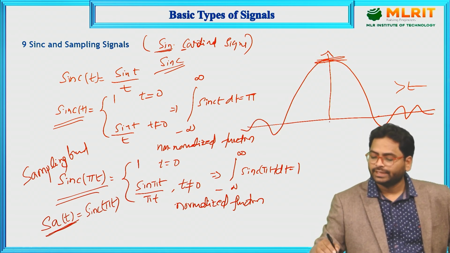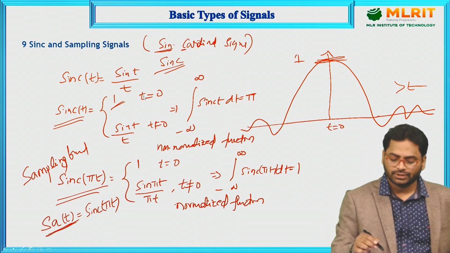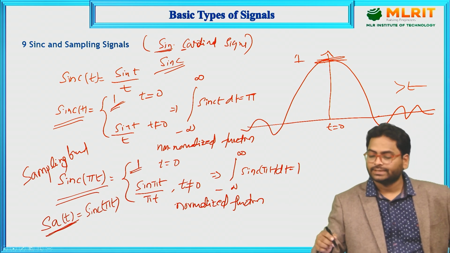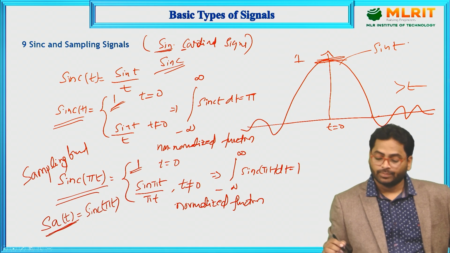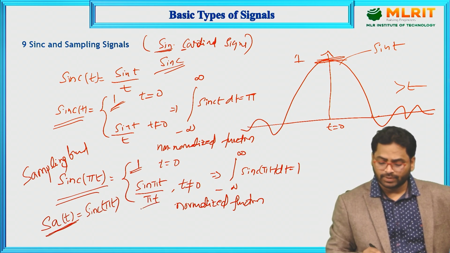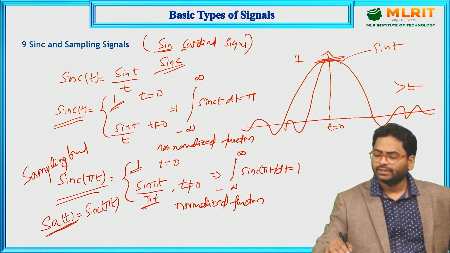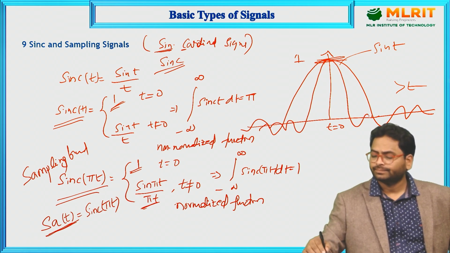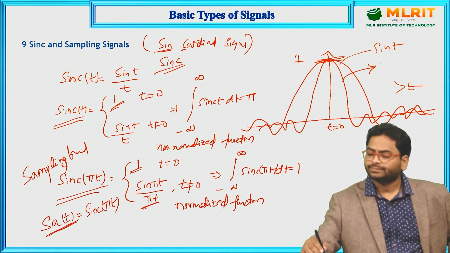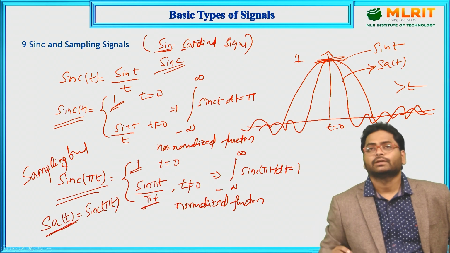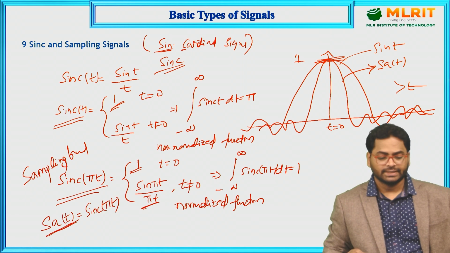At t equals 0, the amplitude is 1 for both cases. This is the sinc function. Then coming to the compressed one, you can call it normalized by pi. The amplitude is the same, but the time duration decreases. The signal looks the same. You can call it the sampling function of t. Okay. So, this is about the sinc and sampling signals.